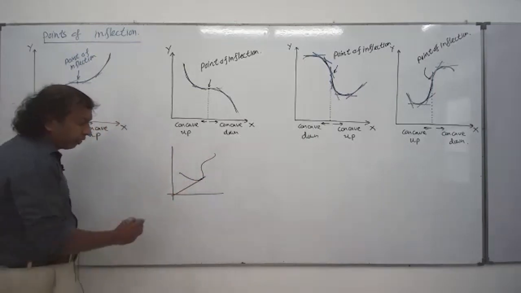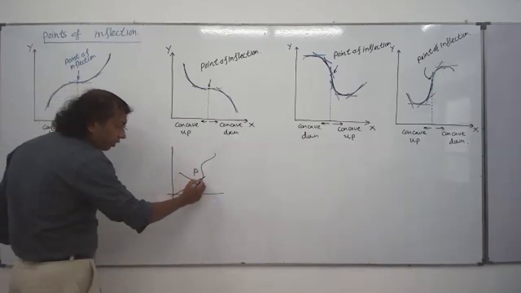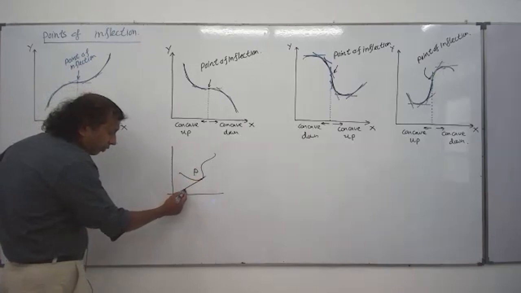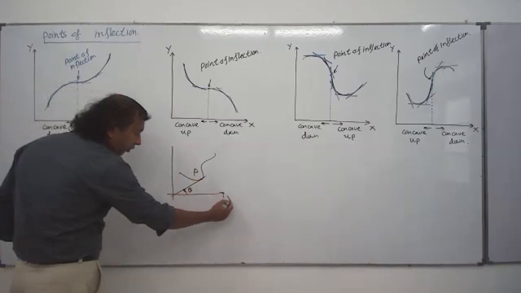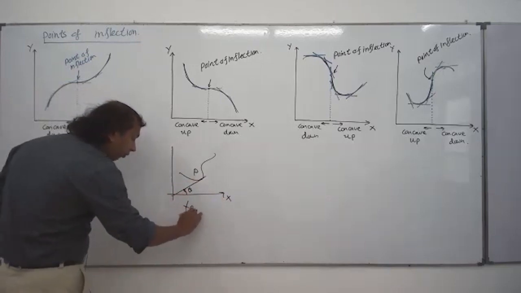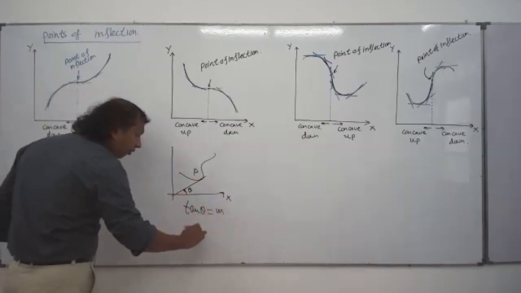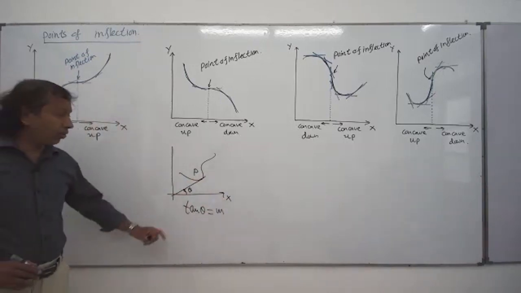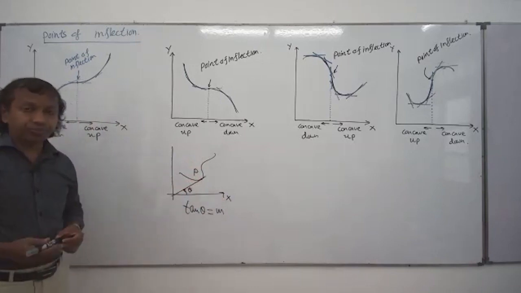This is a point P at which we construct a tangent to the graph. Then this tangent makes an angle, suppose this theta, with the positive x-axis. For this angle theta, we can find tan value. This tan value is called the gradient of the curve at the point P.